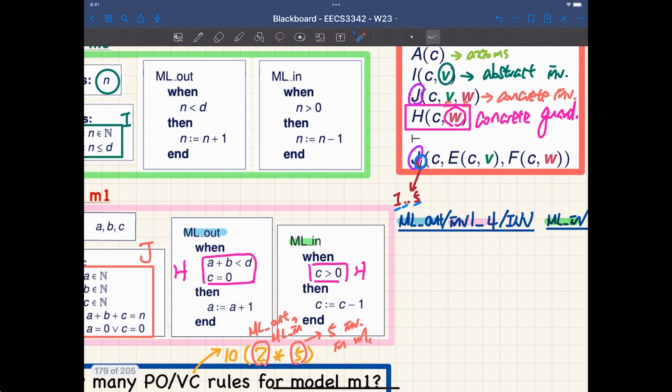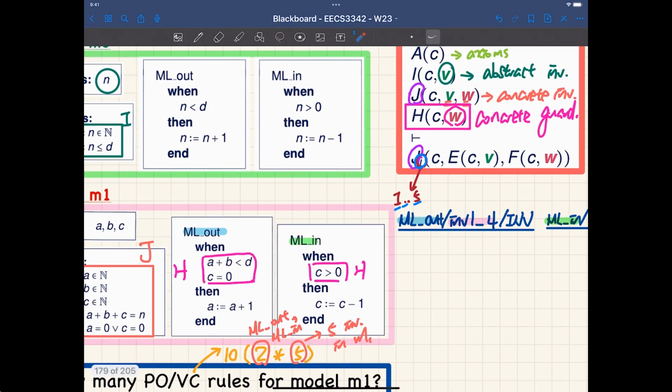Absolutely. So think about it this way. Yes, let me write it down, exactly. So this one here is the effects of the events, let's say E, in the abstract states.